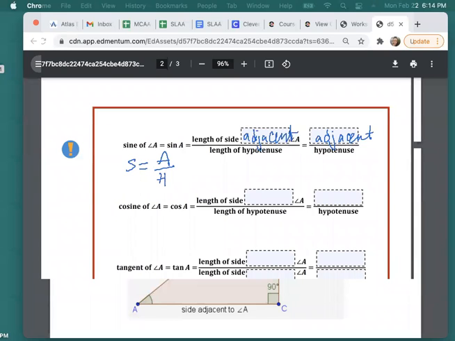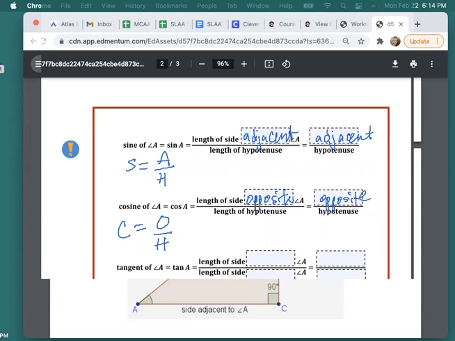Adjacent over hypotenuse. So the cosine is opposite. Does opposite have one O or two P's? Opposite. And you could say cosine, or C, equals opposite, O, over hypotenuse. And then tangent is what you get when you go to the beach.